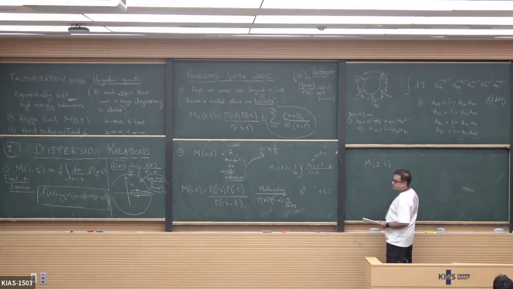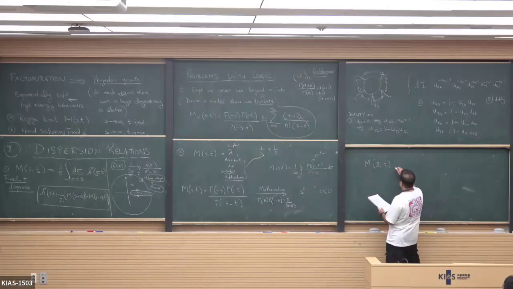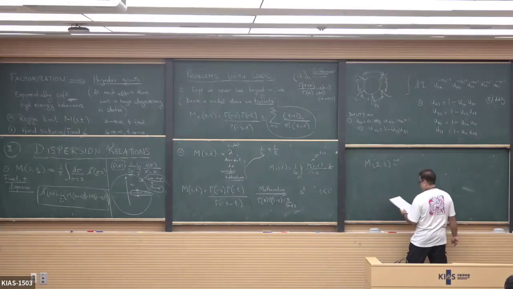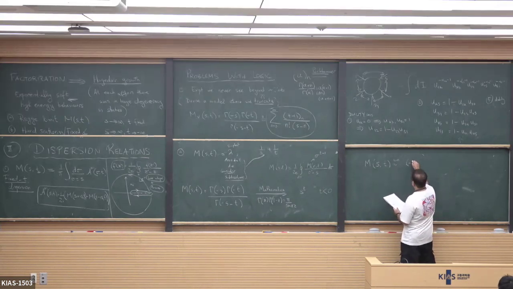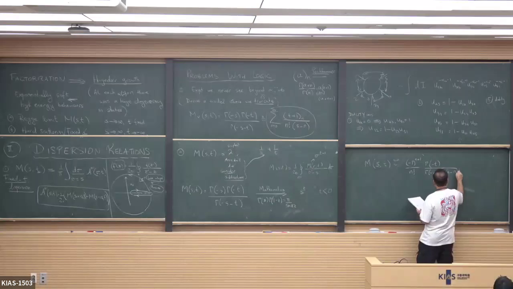You ask Mathematica to find out the residue at s equal to n, or do a series expansion around s equal to n. And you will see that around s equal to integer n, this is going to look like (-1)^(n+1) over n factorial, Gamma of minus t, Gamma of minus n minus t, over s minus n.